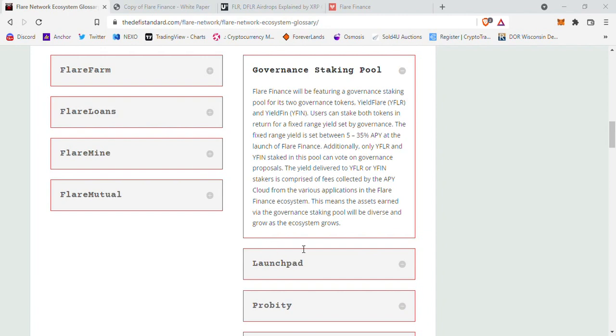Secondly, you receive a portion of fees accrued in the ecosystem. And thirdly, you earn YFin, the primary governance token. YFin then allows you to also stake in pools to receive fees, and to have even more of a decision on tokens that are brought onto the platform, and so on.